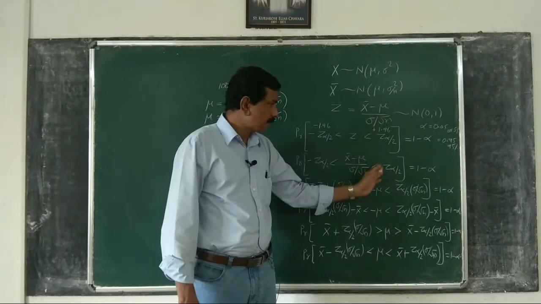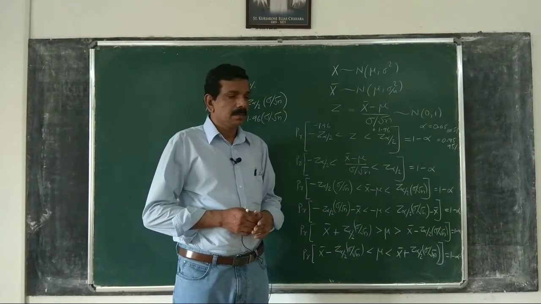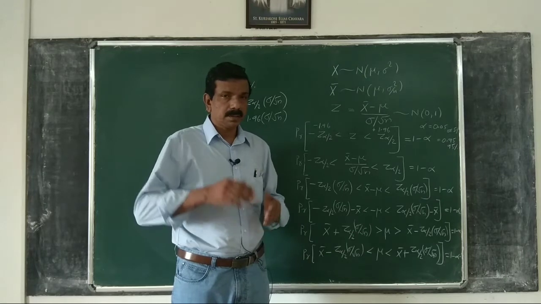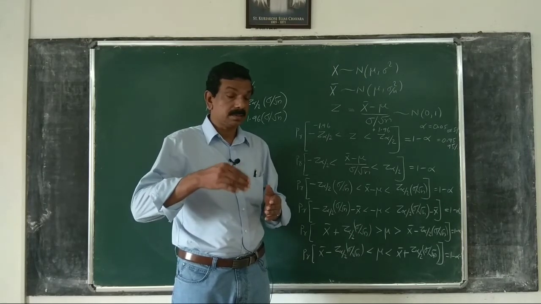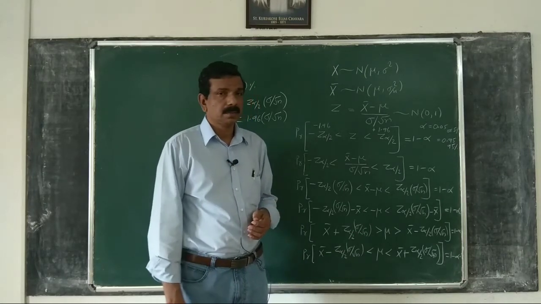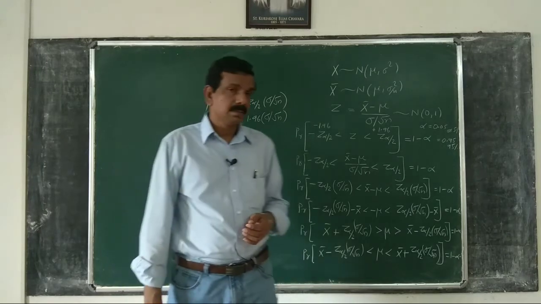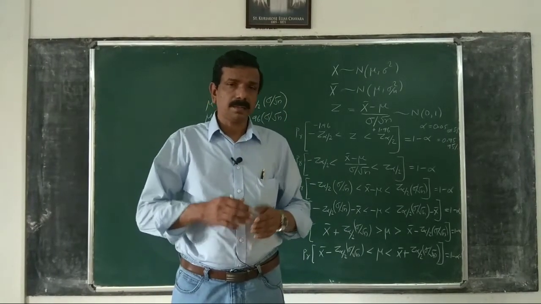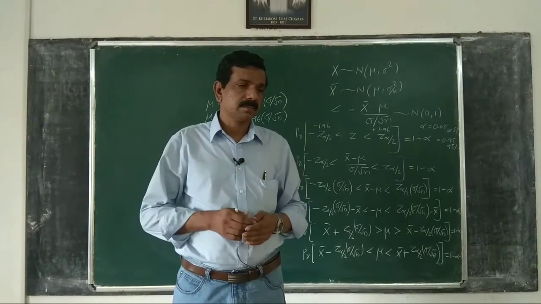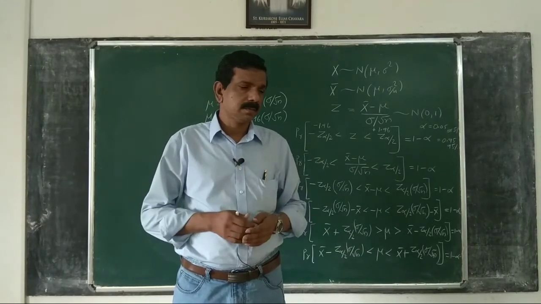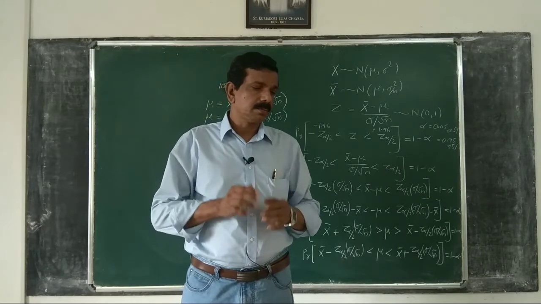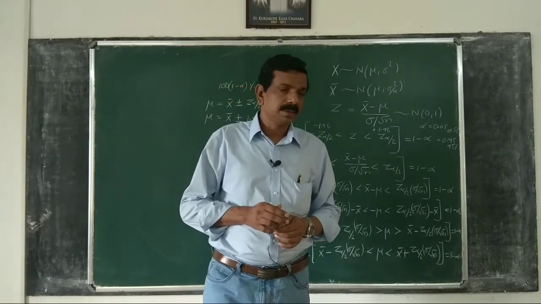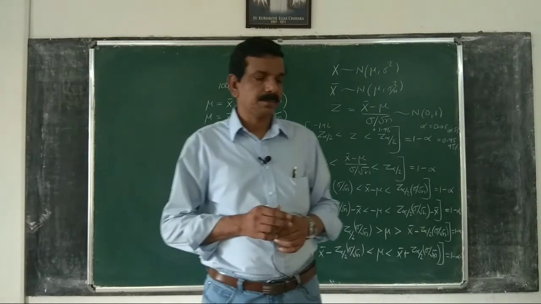If sigma is unknown, we cannot use Z as the test statistic. If sigma is unknown, and if sigma is replaced by its unbiased estimator S or sigma hat, then we have another distribution. The distribution is the T distribution.